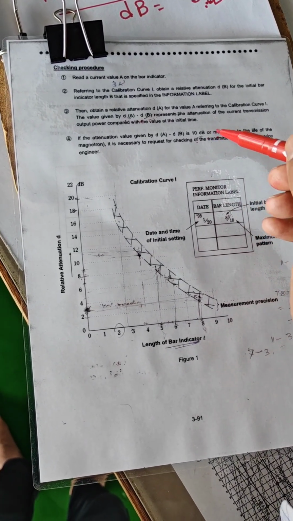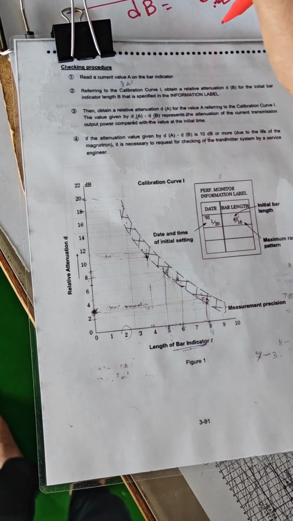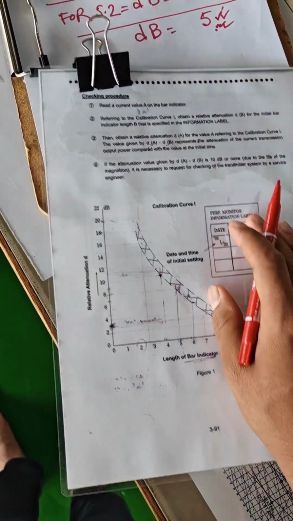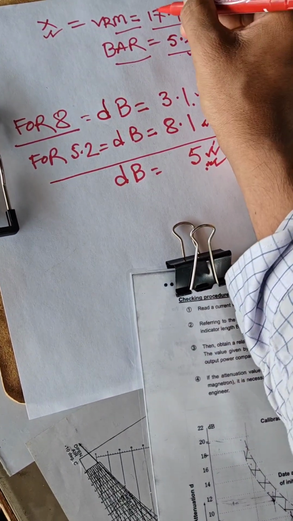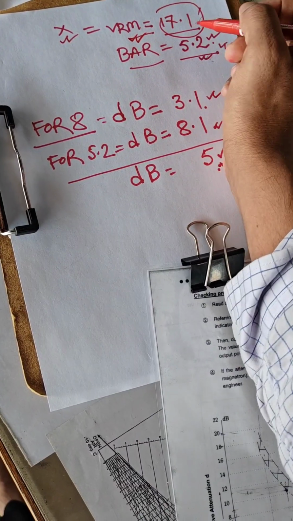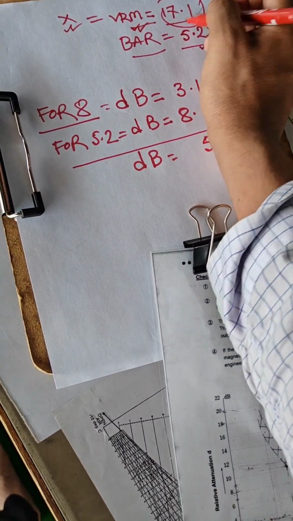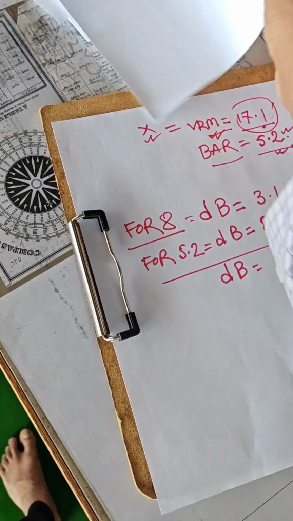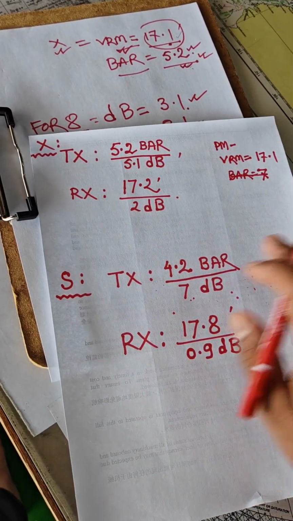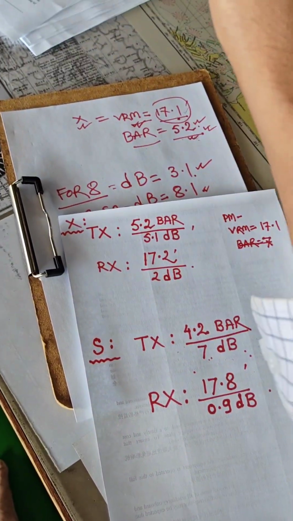Okay guys, remember, this is one way, by checking the dB. And there is one more way, 17.1. You see, VRM we already found 17.1. This one we write in the radar logbook.